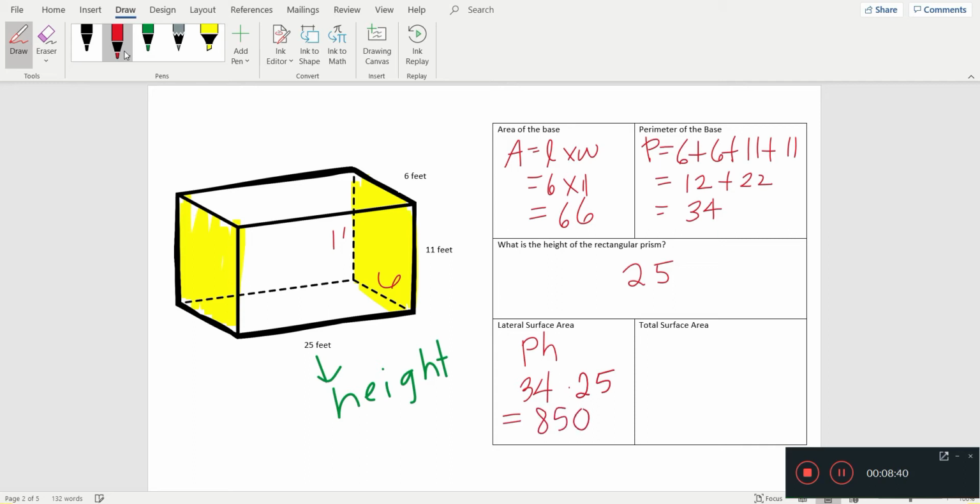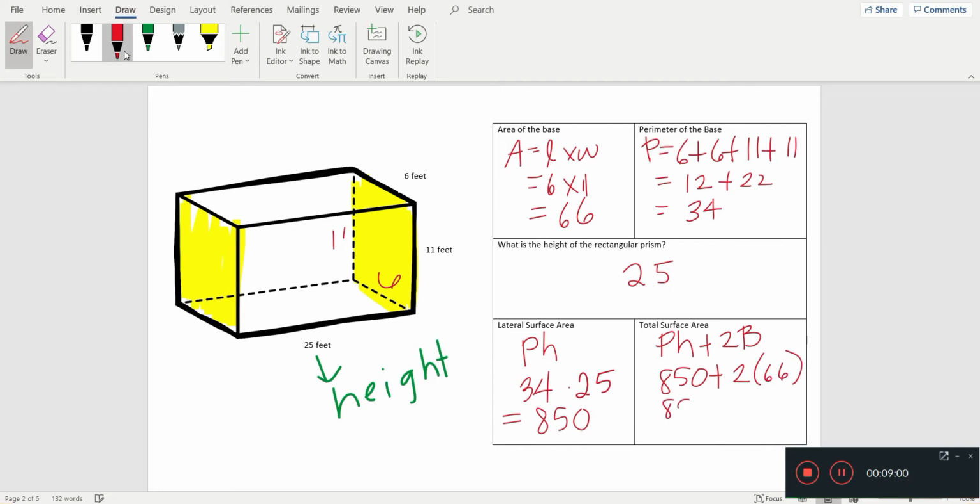The formula of the total surface area is pH plus twice the base. So I have 850 here plus twice the base, 66, right?